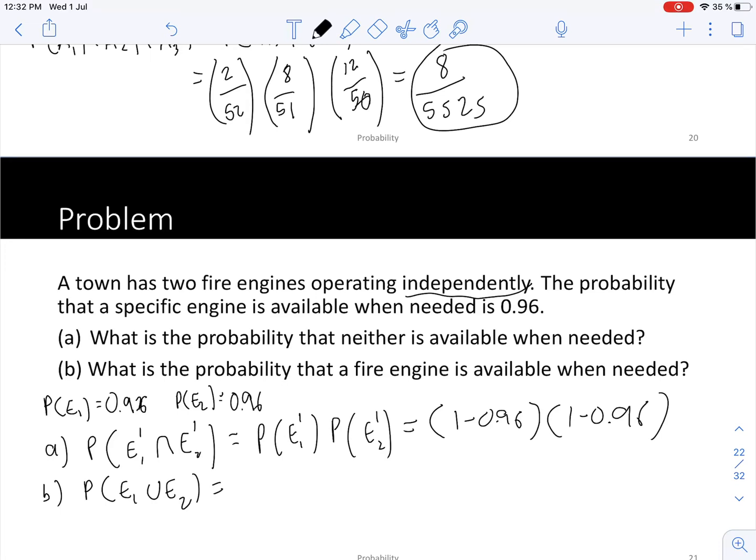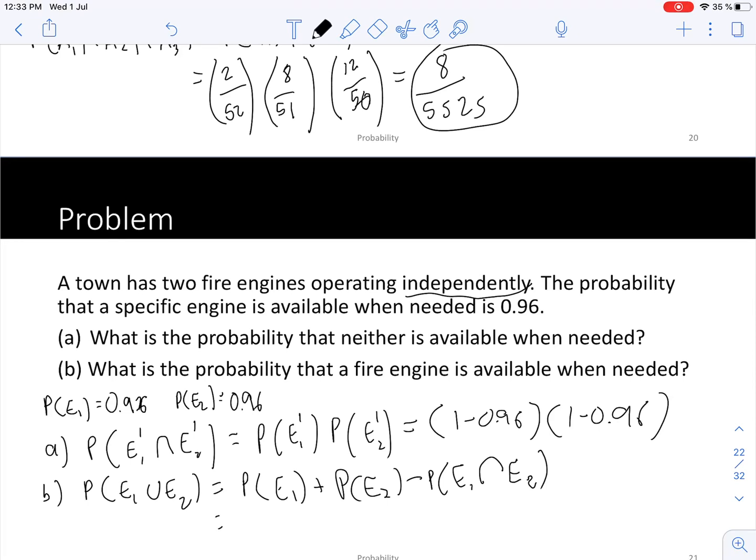So you can solve this part in several ways. You can just do 1 minus the previous, 1 minus part A, and that's gonna be it. Or we use the equation. Remember the equation here? Probability of E1 plus probability of E2 minus the intersection. Probability of E1 intersection E2, even though it's not mentioned this intersection, since they are independent, it's just the multiplication, right?